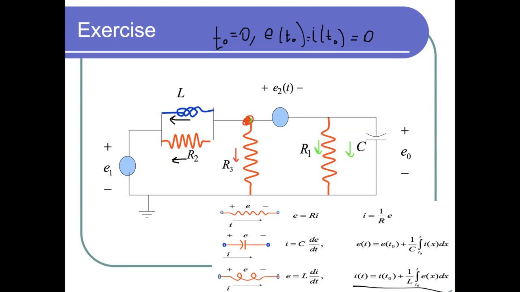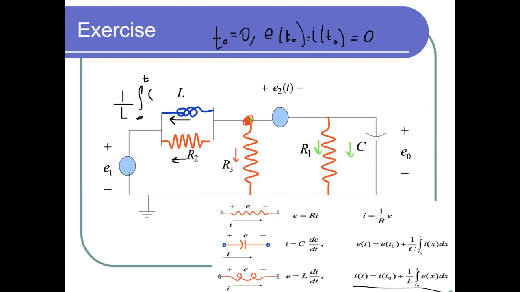Now, what is the current through the inductor? It's simply 1 over L, the integral from 0 to t of the voltage across the inductor.